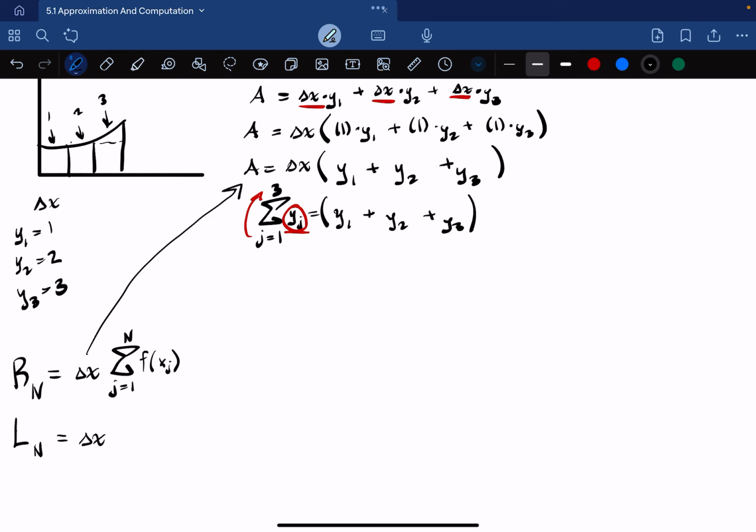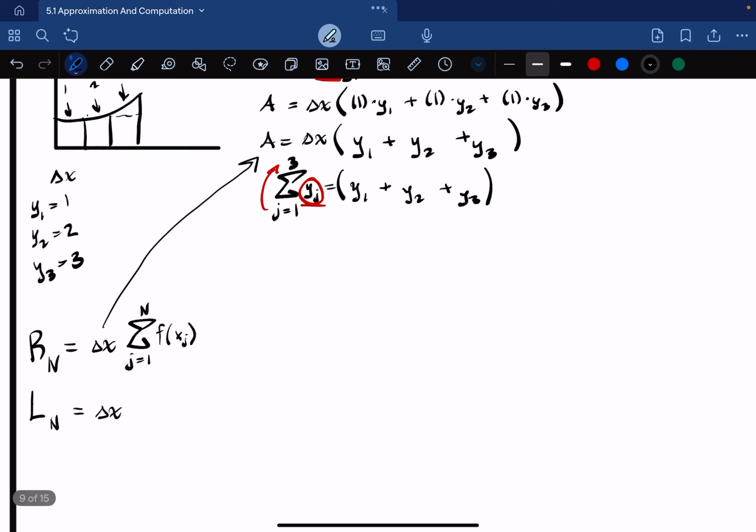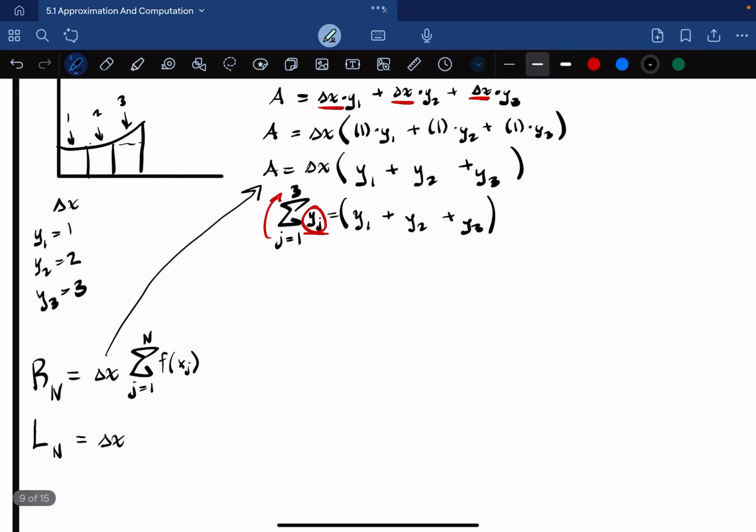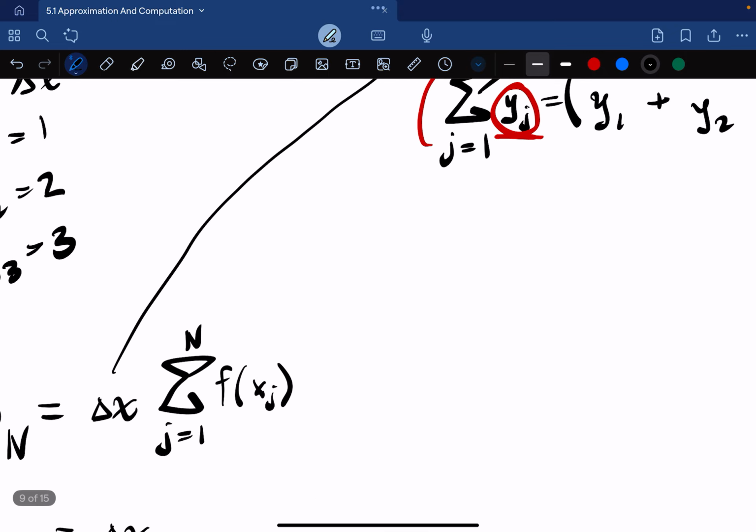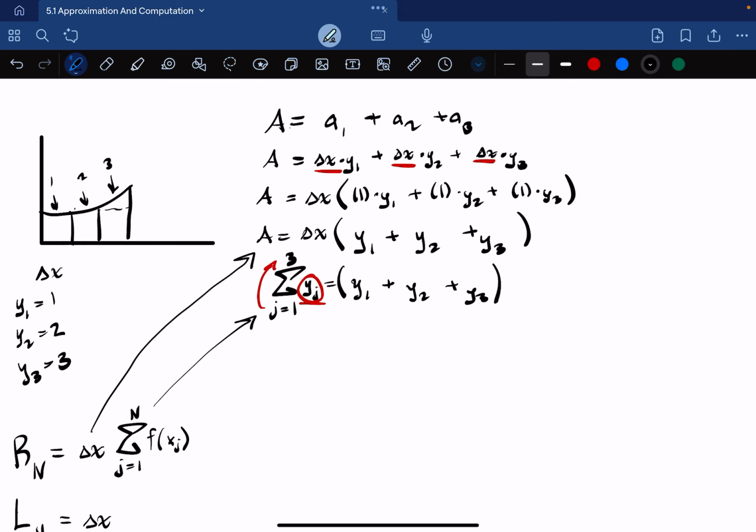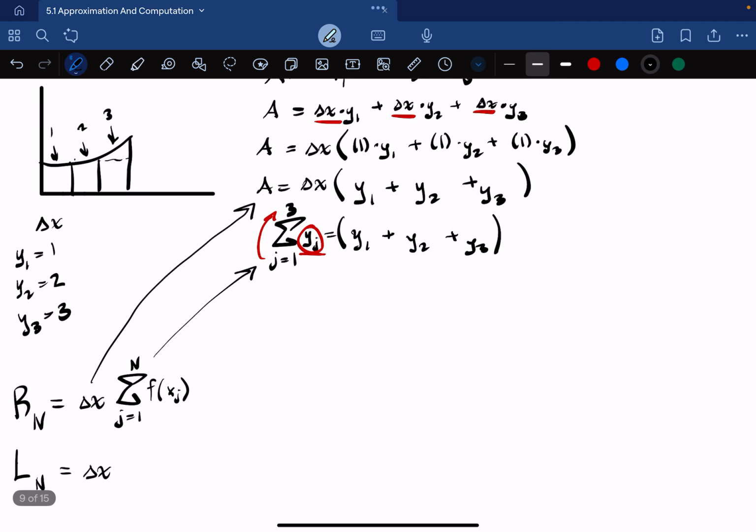Once we factor it out, you're only left with all of the lengths being added together. Because this summation represents all the lengths being added together, we multiply this value by delta x, and that is why it's outside.